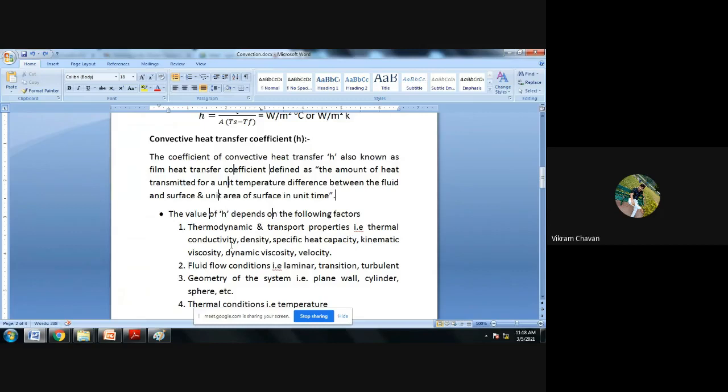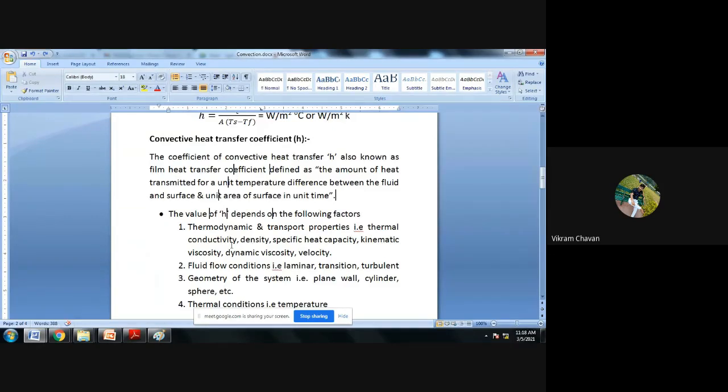So what differs between these two, natural convection and forced convection? We are changing the fluid properties. One is nothing but the velocity. In natural convection there is very little velocity for the fluid, which happens because of a density difference.